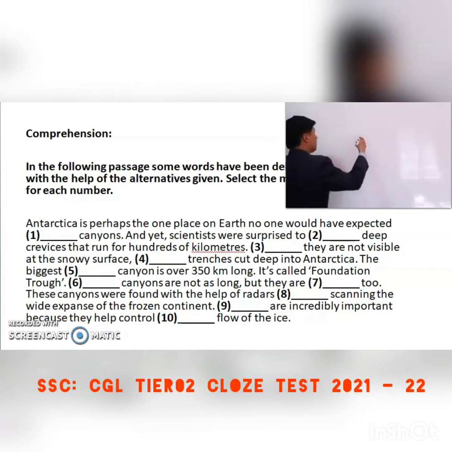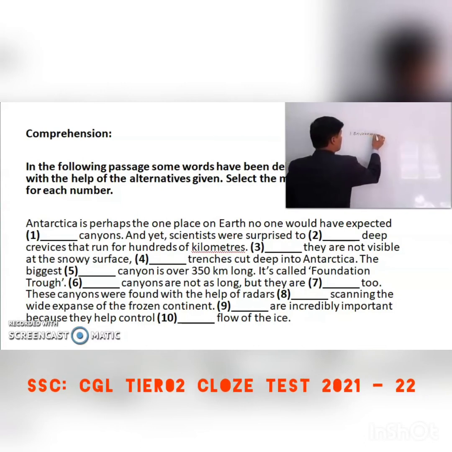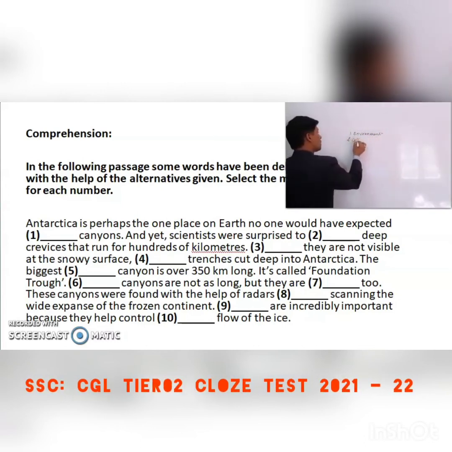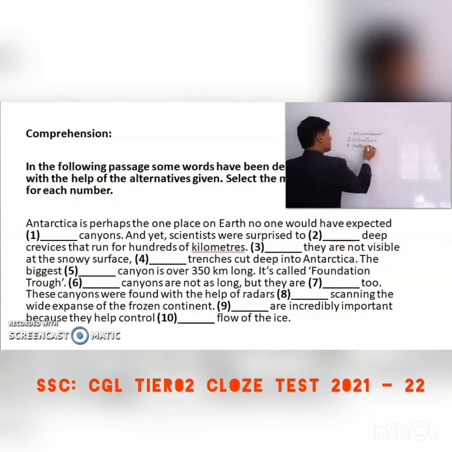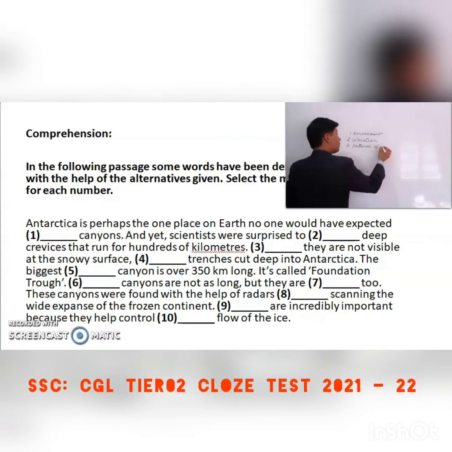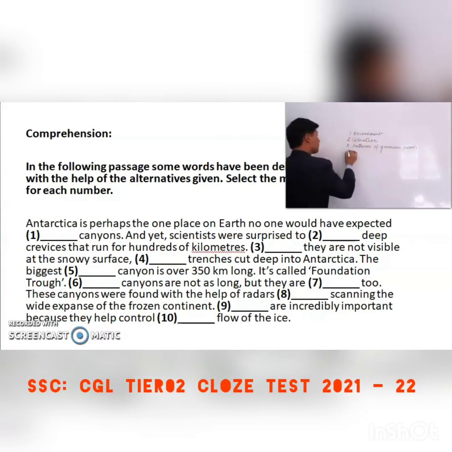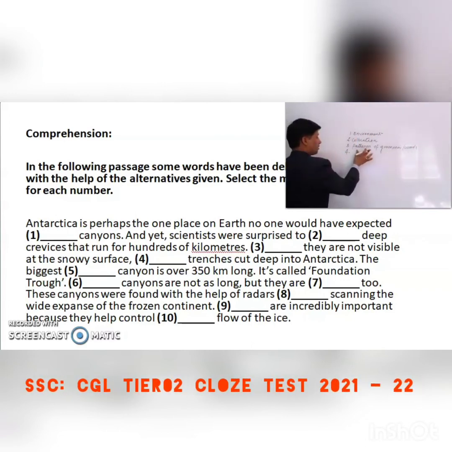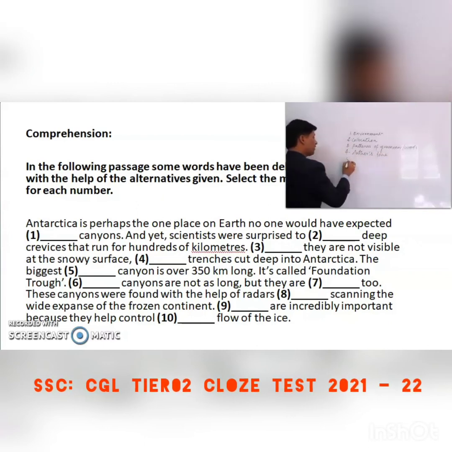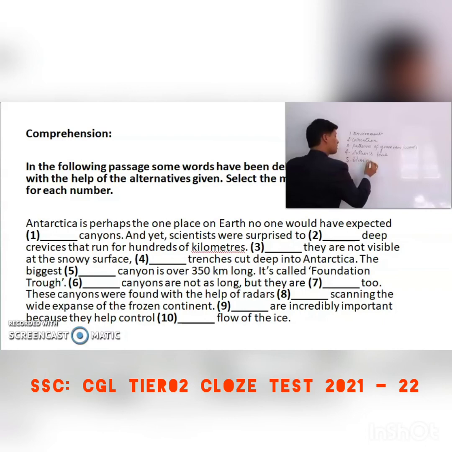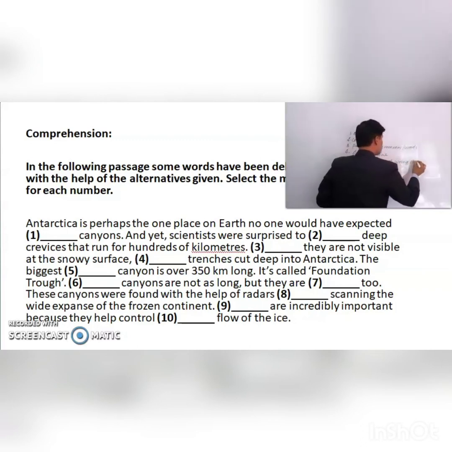First is the environment, second is collocation, third is patterns of grammar or words, fourth is the author's tone, and fifth is elimination of wrong options.